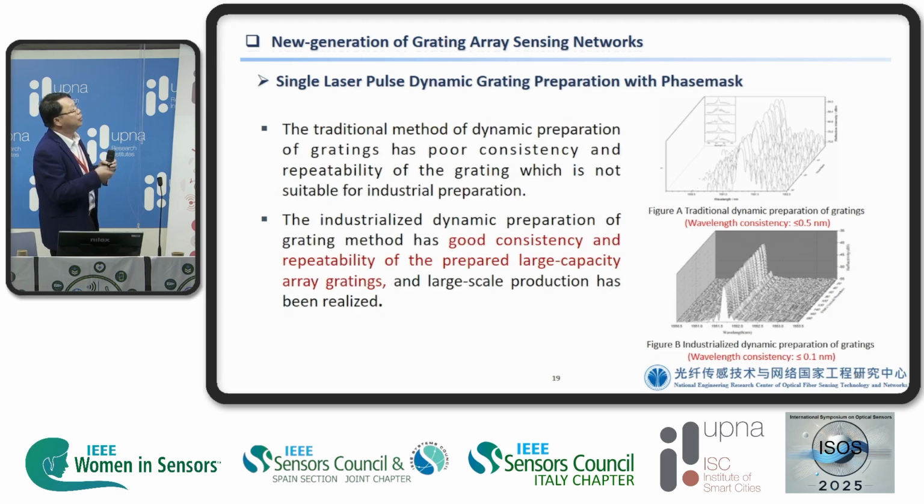At the very beginning, the reflectivity and the wavelength were not that uniform, and later on you have to optimize the deposition process and also the coating process and so on. Then you can make very uniform FBG arrays for real applications.